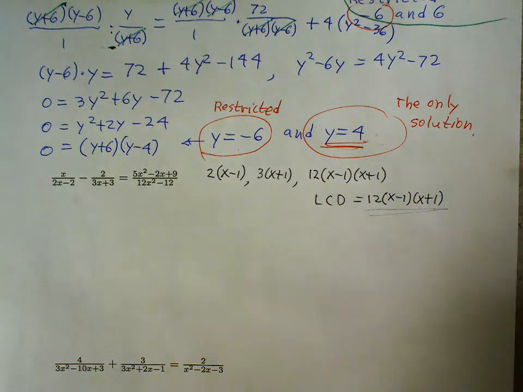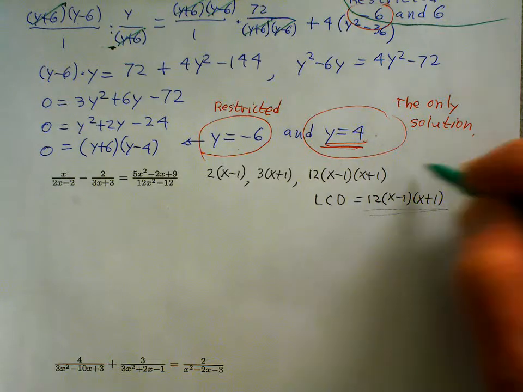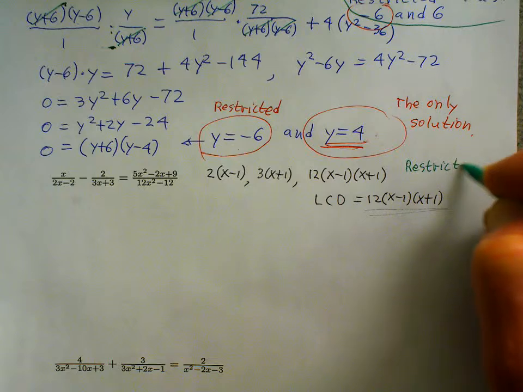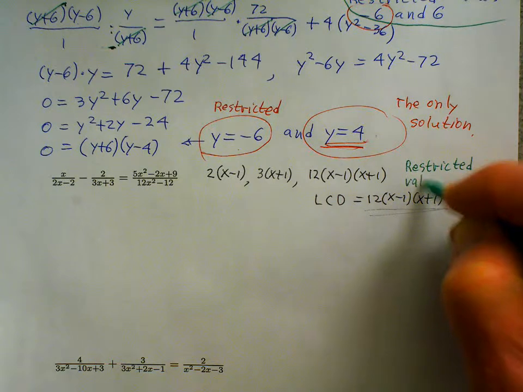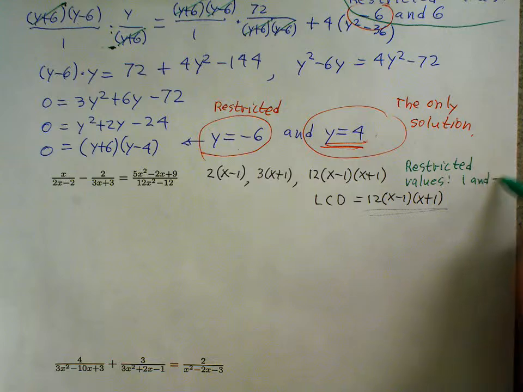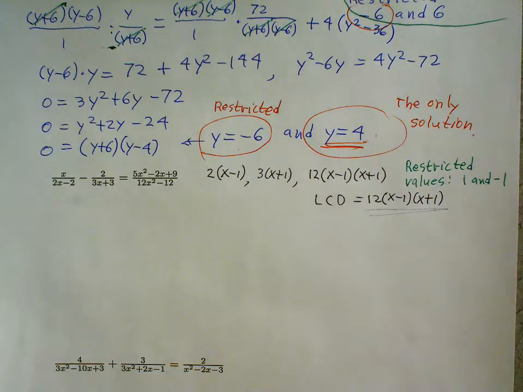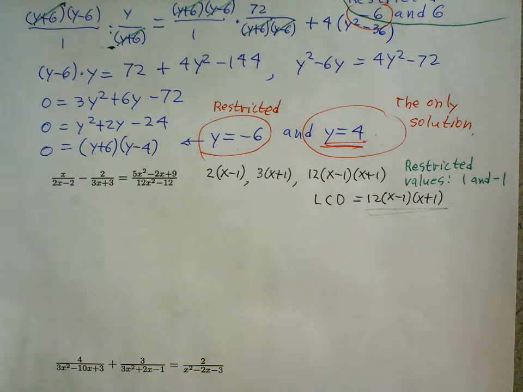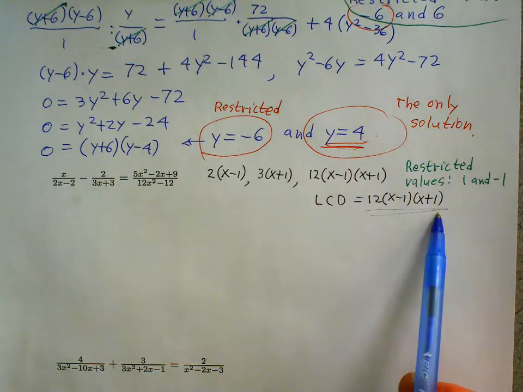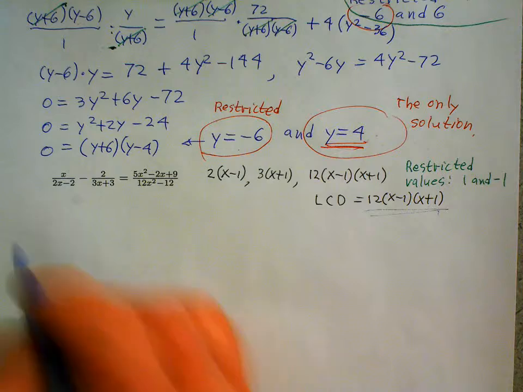The restricted values are positive 1 and negative 1. Okay, but then we multiply every term on both sides by the least common denominator. We'll see how far we get.